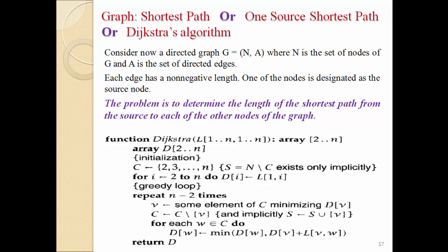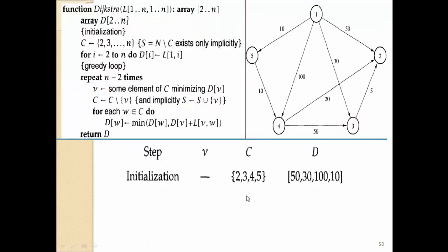This is Dijkstra's algorithm to find the solution of this problem. We will discuss the whole algorithm with one example, so that you can easily understand how we can find the shortest path from one node to every node of the graph. So let us discuss this whole algorithm with one example step by step.